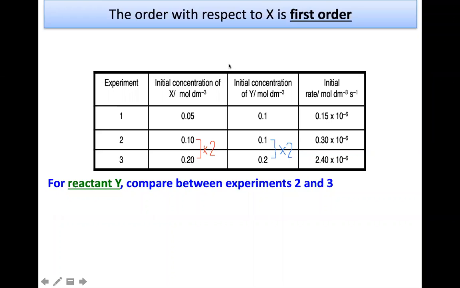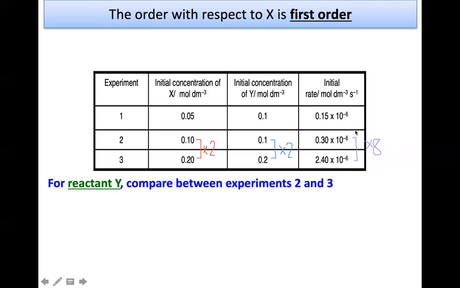So now the rate. If you can see this immediately, from 0.3 to 2.4, that is a multiple of 8. If you cannot see it, then I would ask you to take your calculator. 2.4 times 10 to the power of minus 6, divide by 0.3 times 10 to the power of minus 6, okay?